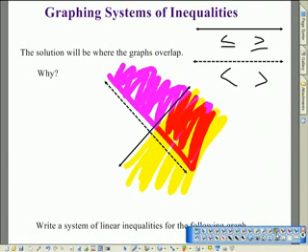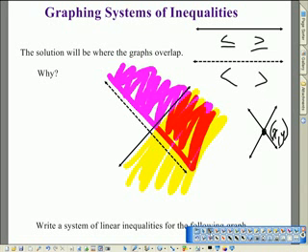We have to shade. But it results in the biggest difference between a system of equations and a system of inequalities. With a system of equations, we were looking for what? That one point where the two lines intersected gave us a specific point. We gave our coordinate x, y for our answer. Is it going to be possible to list a coordinate for the inequality? No, why not?